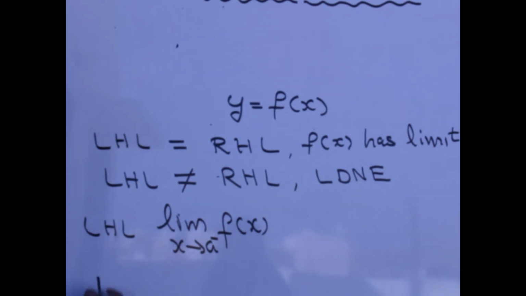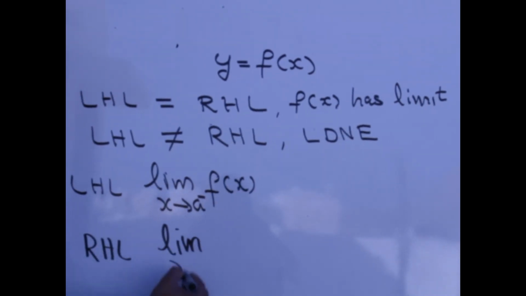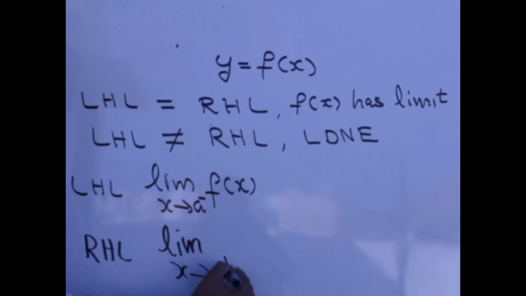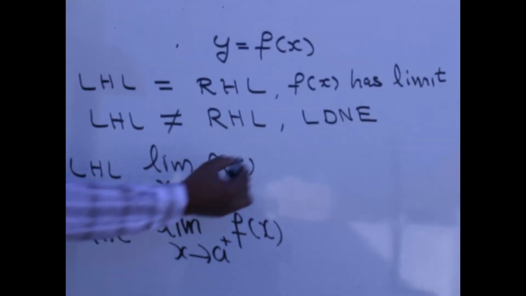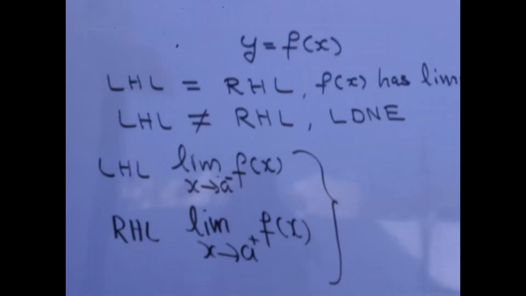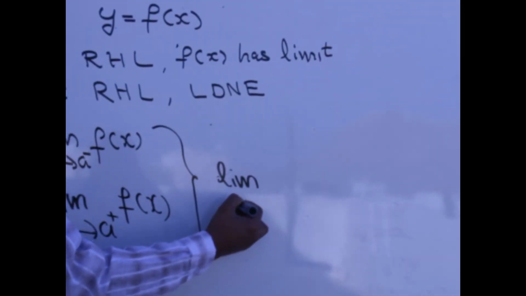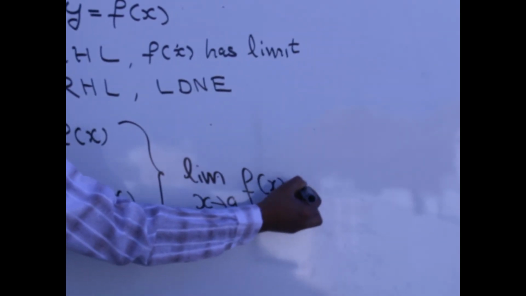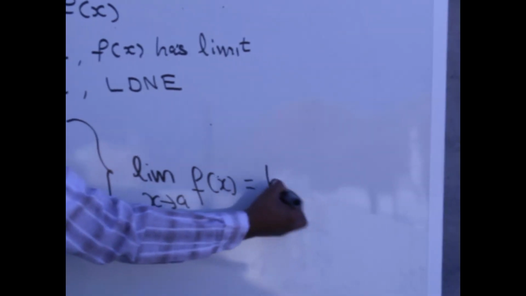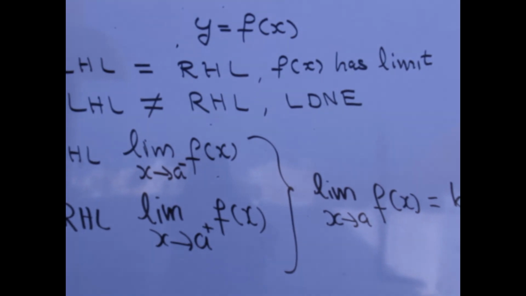And RHL we can mention like this: limit x tends to a plus of f of x. If these values are equal, then limit x tends to a of f of x is a particular value. This is the theorem we are going to do here.